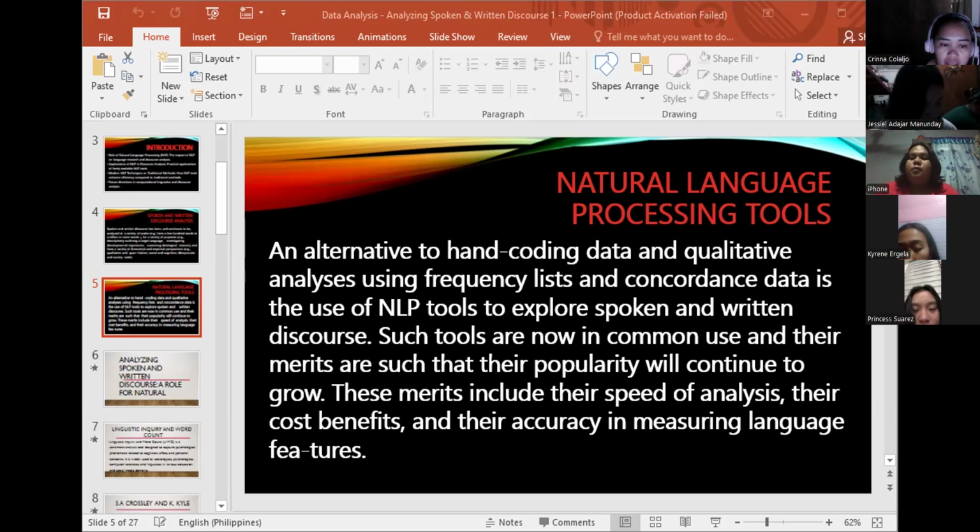Without NLP tools, imagine checking all of their test papers, handbooks, and essays. It takes a lot of time, because you have to check word by word, do this manually, read each essay and count difficult words. With the help of NLP tools, you can do everything in just a second.